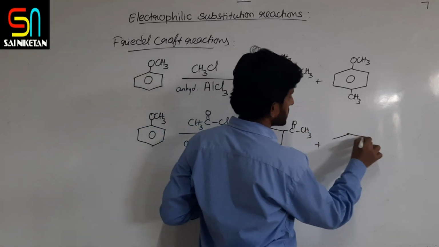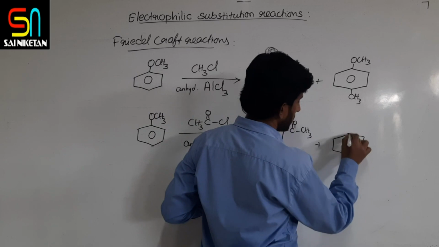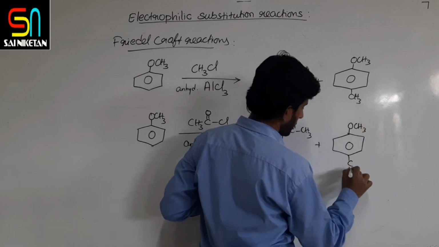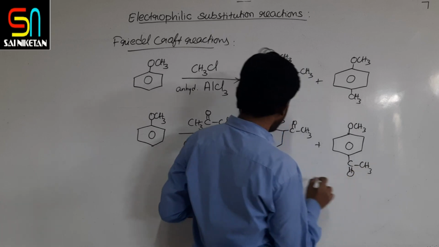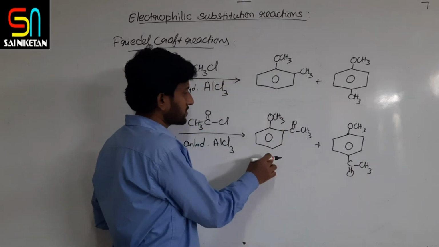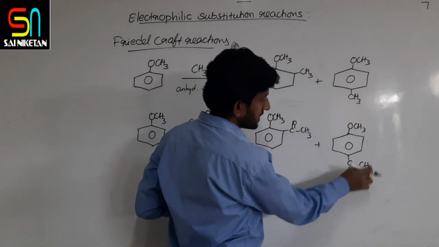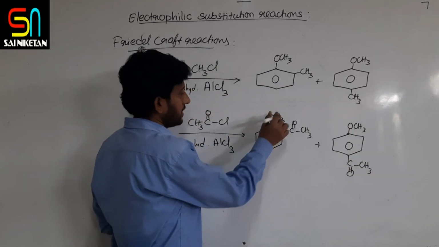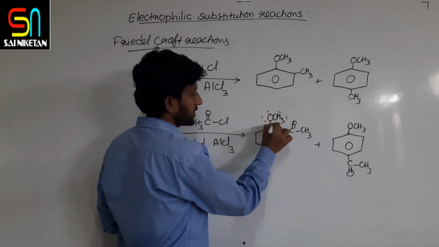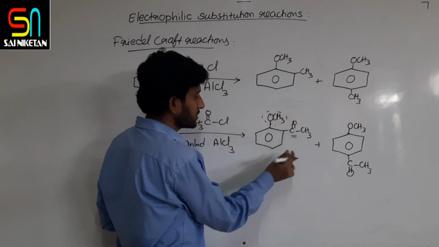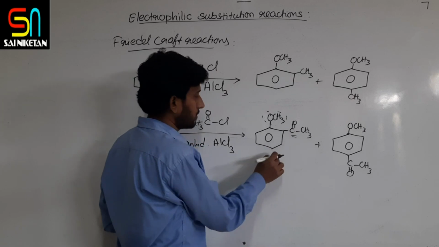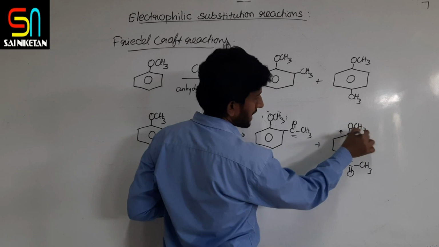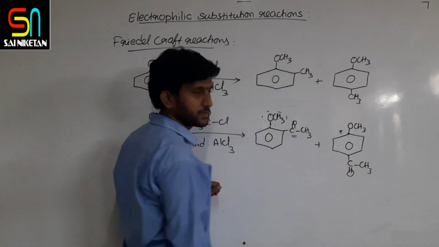Similarly, at the para position also you will get COCH3. So what are the products obtained? The products obtained are orthomethoxyacetophenone, paramethoxyacetophenone. So methoxy is the substituent group, ketone is the main group. So we are calling it acetophenone, orthomethoxy. Paramethoxy, this is the para position, paramethoxy acetophenone.